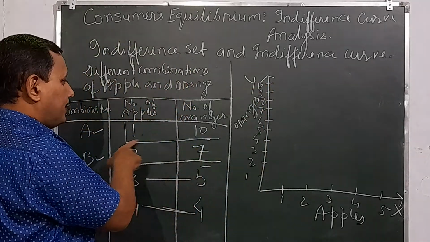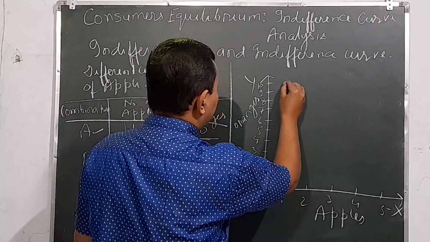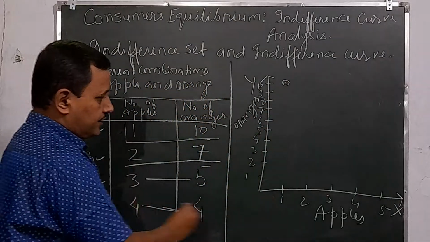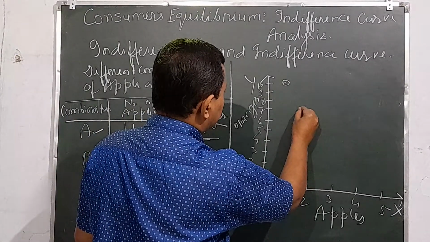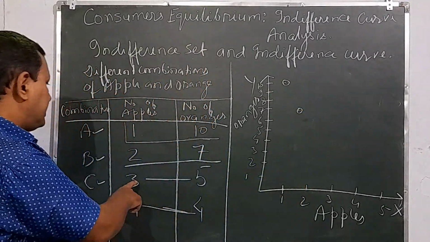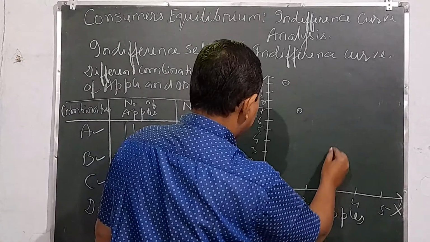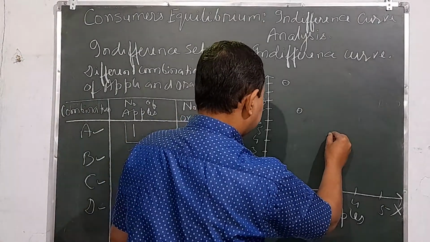First one is 1 apple, 10 oranges. So this will be the point. Second combination is 2 apples, 7 oranges. So this will be the point. Third one is 3 apples, 5 oranges. So this will be the point.